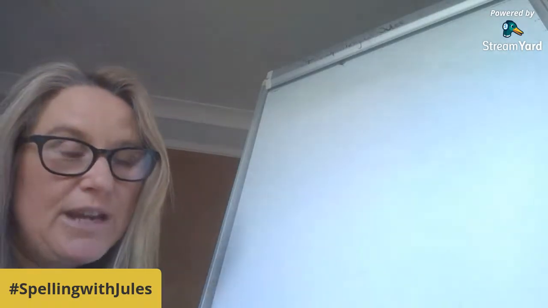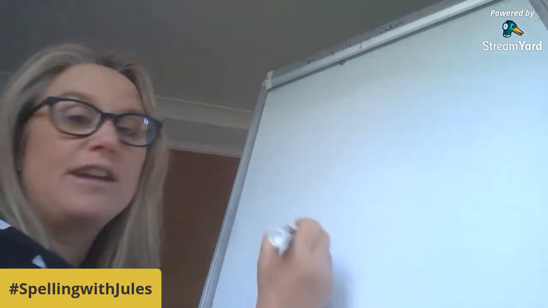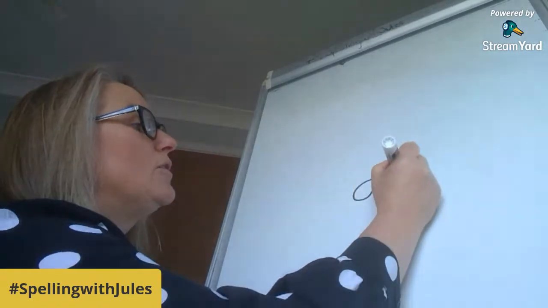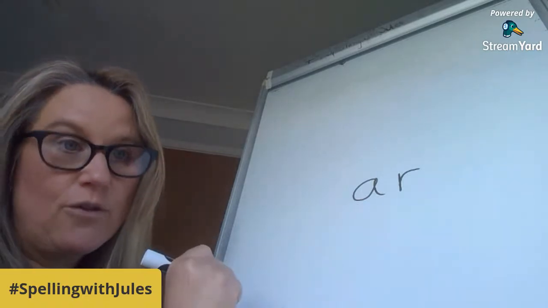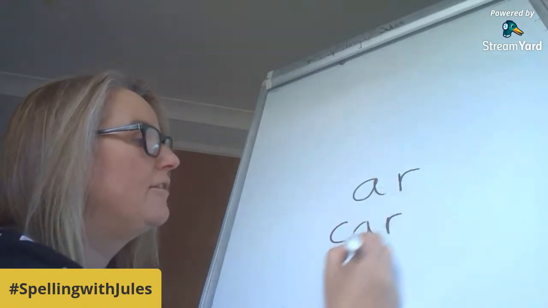Let's have a quick retrieval. Now, even though it said A yesterday, I have edited it on YouTube, so it does say R now, because we looked at this sound. And just for retrieval, remember we looked at things like card and far.